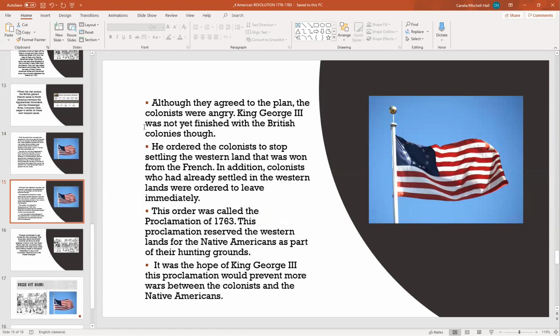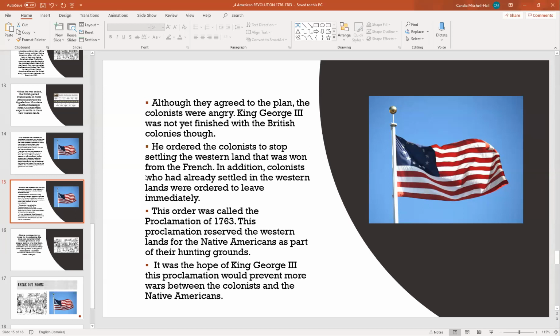I need two persons to read these two points, and then two other persons read the other two. Bruce and Mother Sil. So Bruce, you go first. Although they agreed to the plan, the colonists were angry. King George III was not yet finished with the British colonies though. He ordered the colonists to stop settling the western land that was won from the French.